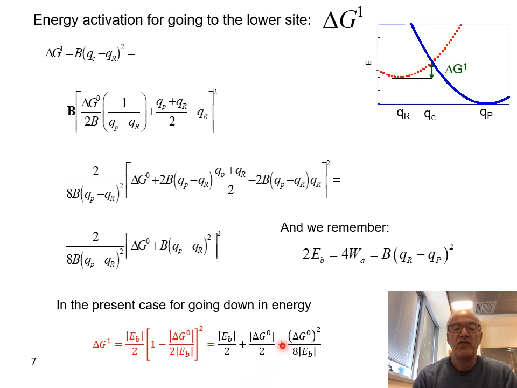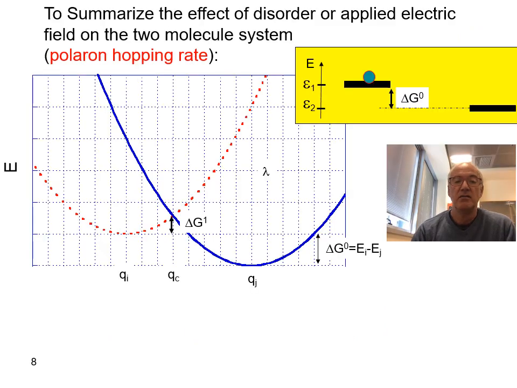And I've placed the delta G naught in absolute terms and said it's for going down in energy, just to be sure, because sometimes it is confusing what means up, what means down, and this is the case. So really, once we have this energy that needs to be invested, we have everything that we need.